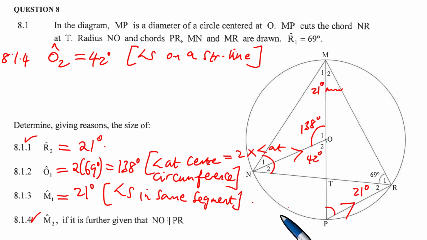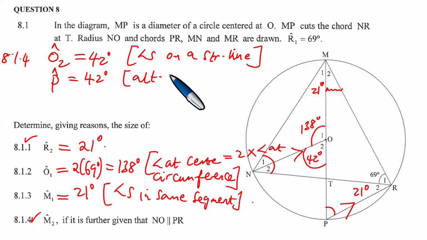You have obtained that this O2 here is 42 degrees, and you already have parallel lines here. So this is forming a Z, so it follows that the angle P is equal to 42 degrees.